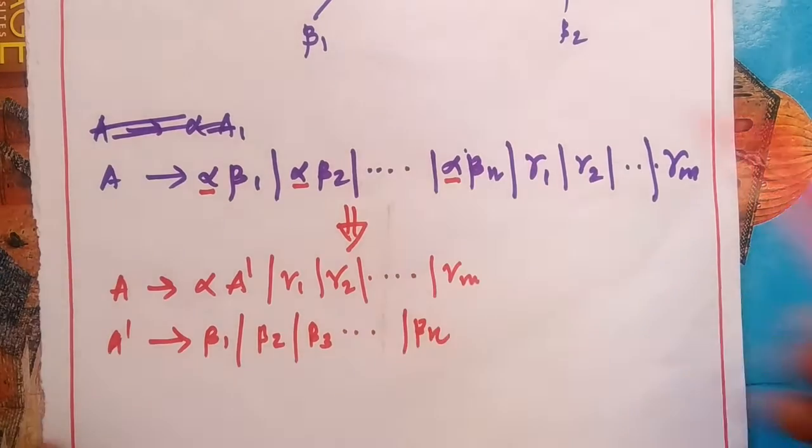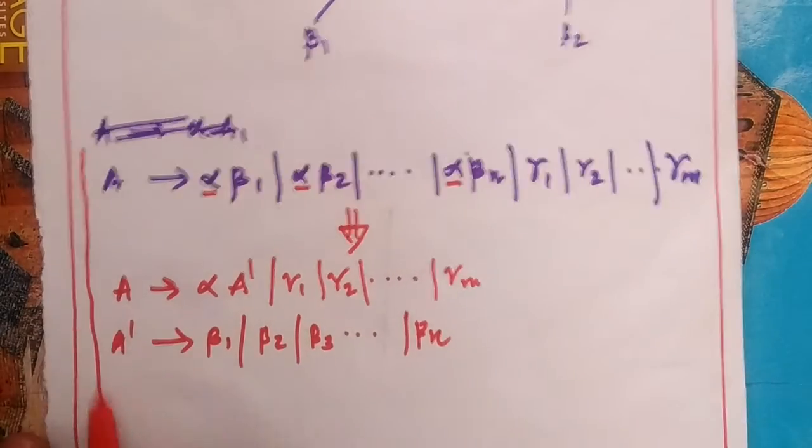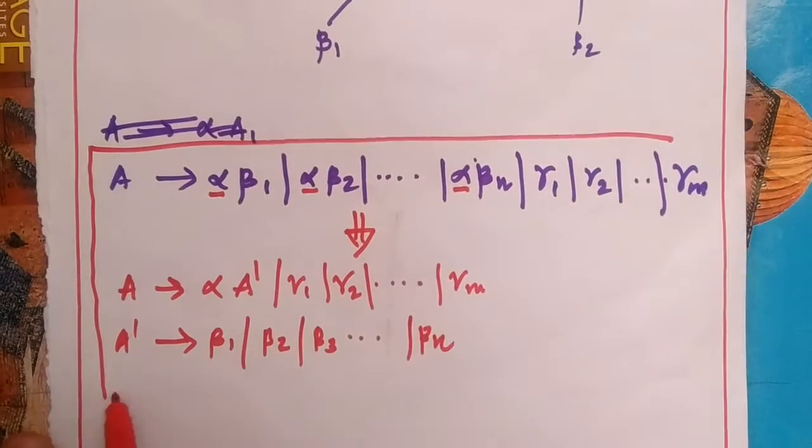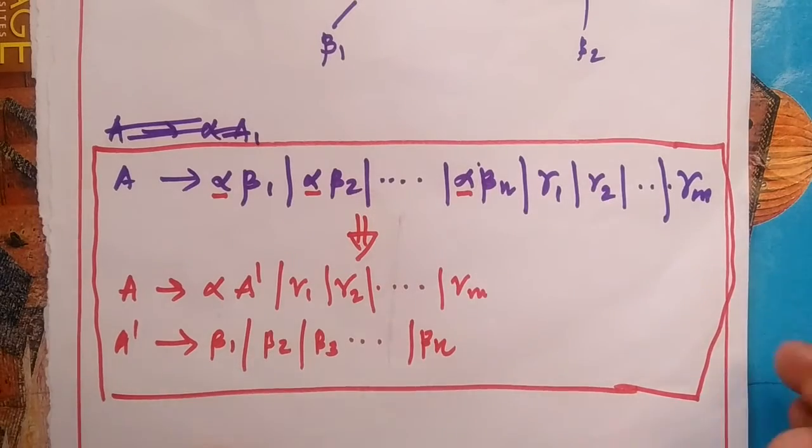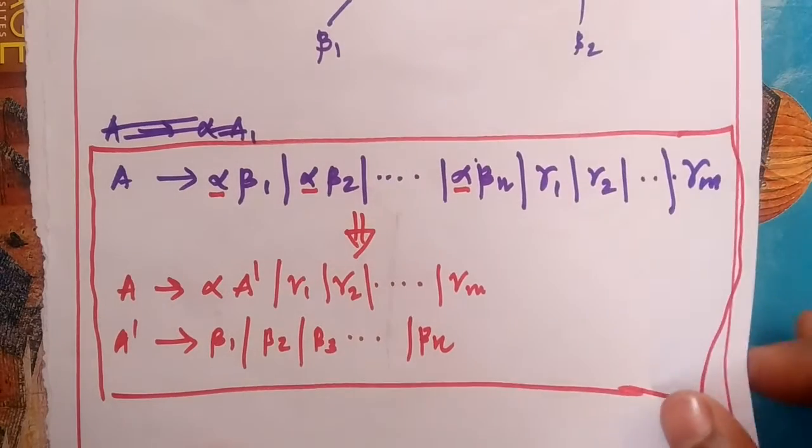This is the general rule. So you can apply this rule to left factor a given grammar G, which is suitable for constructing a top-down parser.